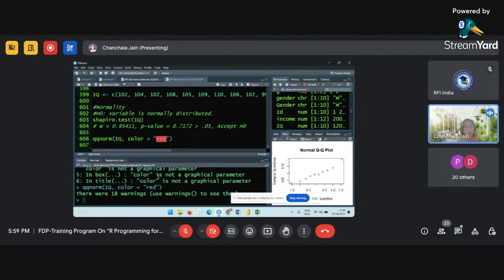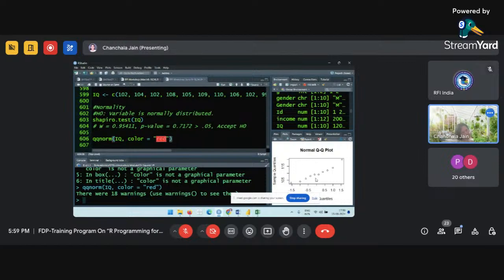I don't know why there is a warning. You please perform on your R script. Are you getting this? It is showing me, but it is not applying here. In your case, it is allowing you to do these colors, these circles in the red color.